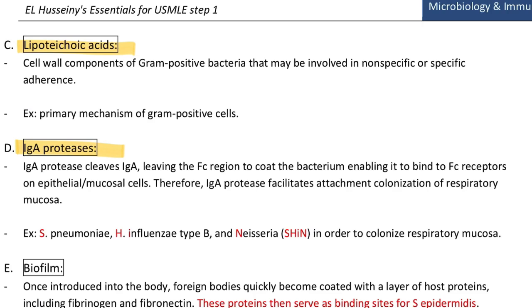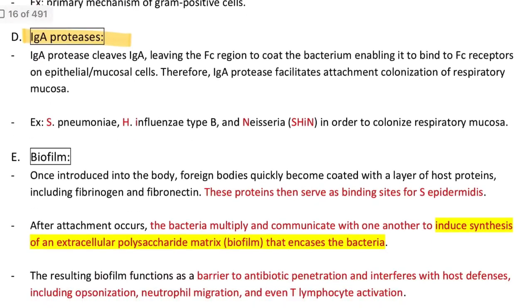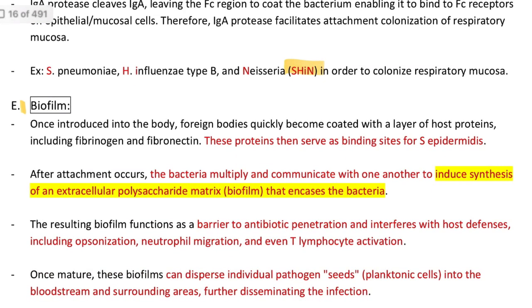Okay, next we can see biofilm, the bacterial fortress. Biofilm is a protective community of bacteria inside an extracellular polysaccharide matrix.